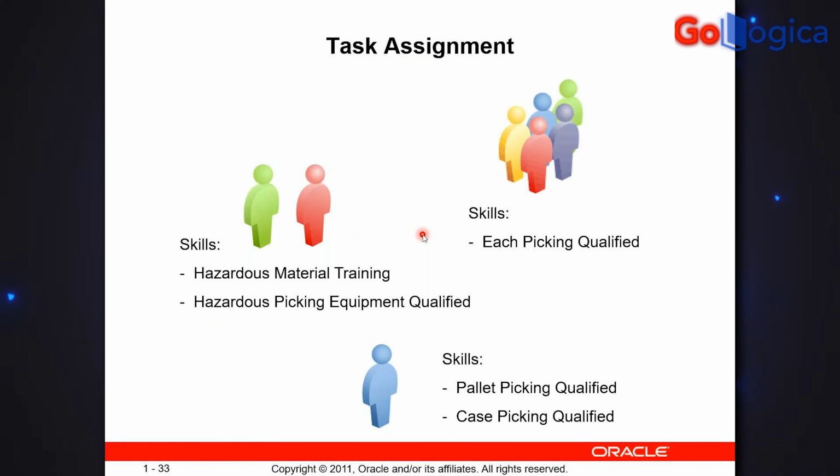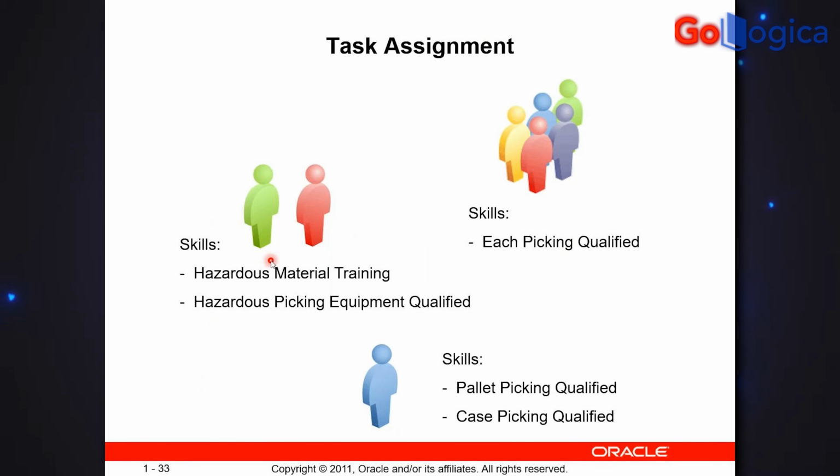So coming to this task assignment. As we discussed some time ago, every resource should be eligible for some of the tasks in the warehouse, and that will be based on the department and the skills. Suppose these two users have been given the skill set of hazardous material training and hazardous picking equipment qualified.